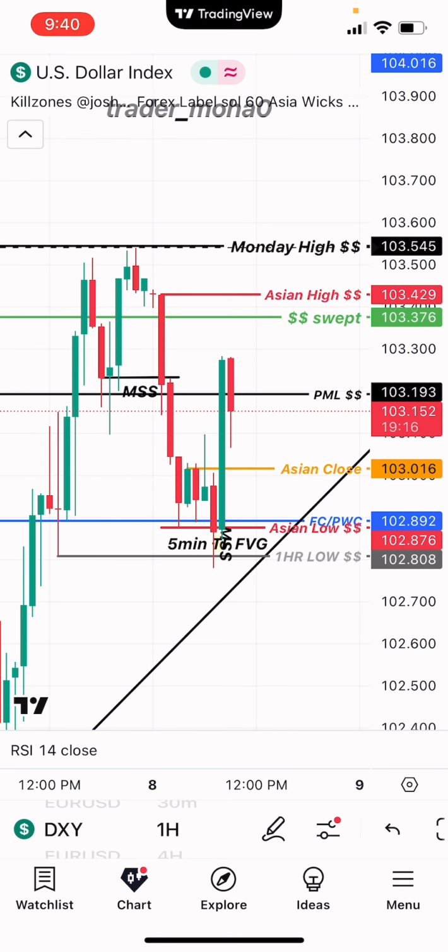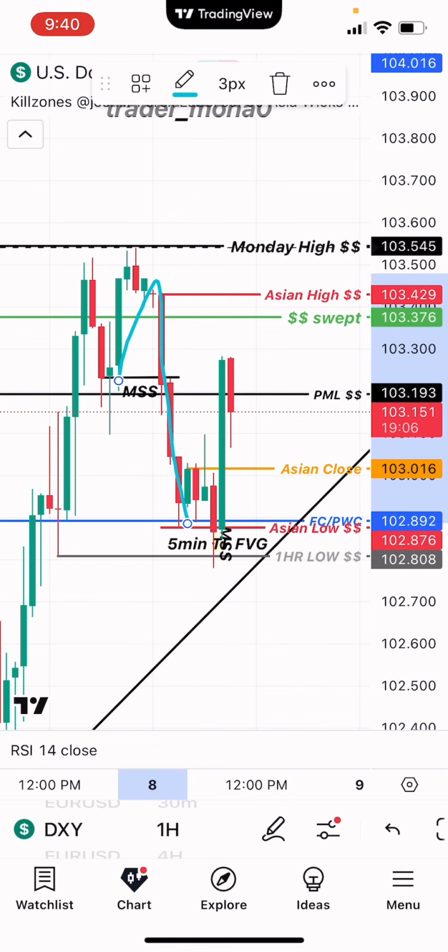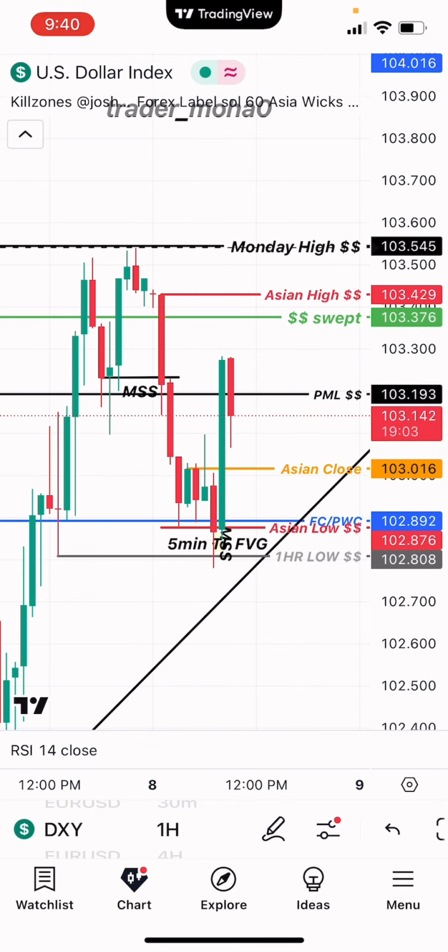I said to myself, if price broke shift structure during the Asian session, we normally anticipate a continuation, but you won't just have this strict rule of saying, oh, I'm only going to take the continuation. You also think objectively, by knowing that reversal might happen.